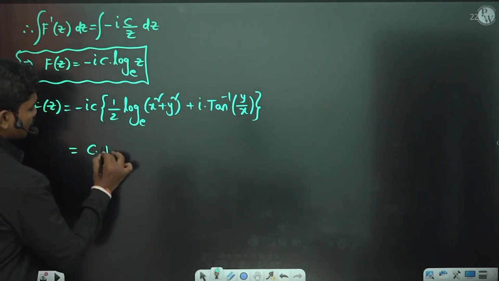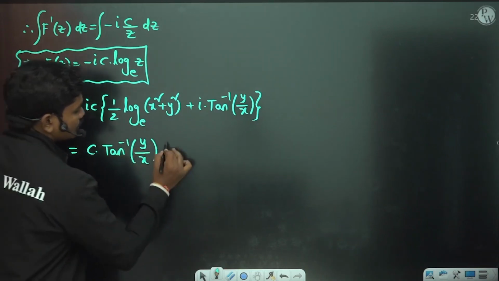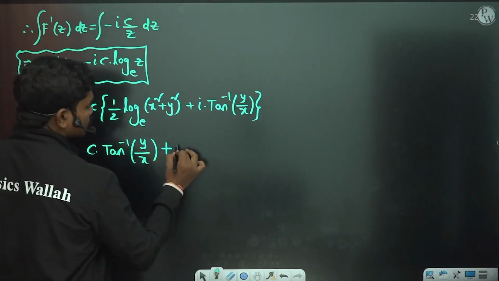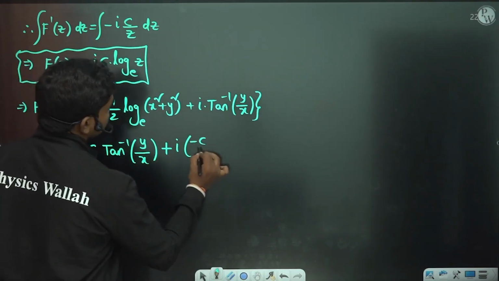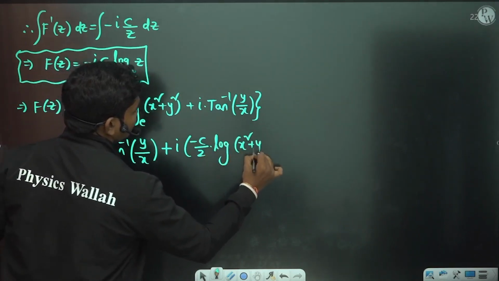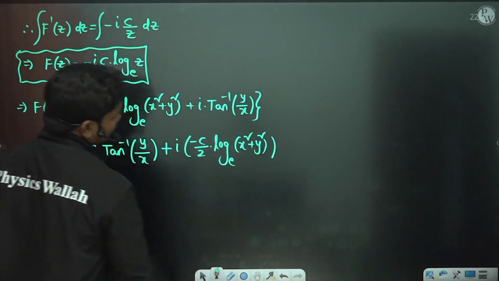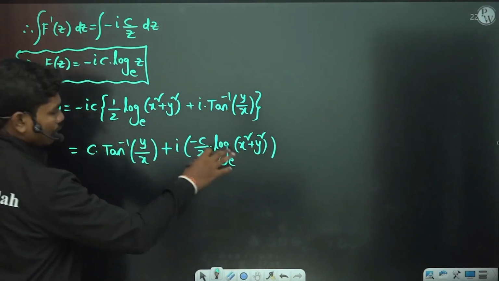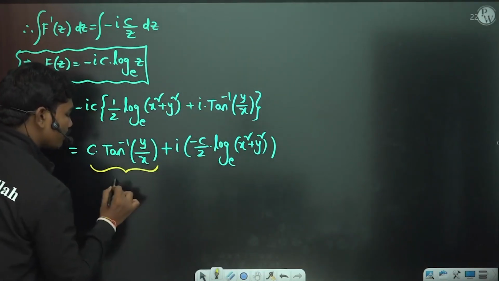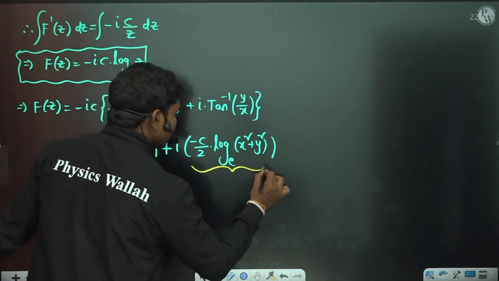So c times tan inverse y by x plus i times of minus c by 2 times log x square plus y square to the base e is what you have here. So you have split this into real part and also imaginary part. The real part in this complex potential function is the velocity potential, and this one is the stream function.